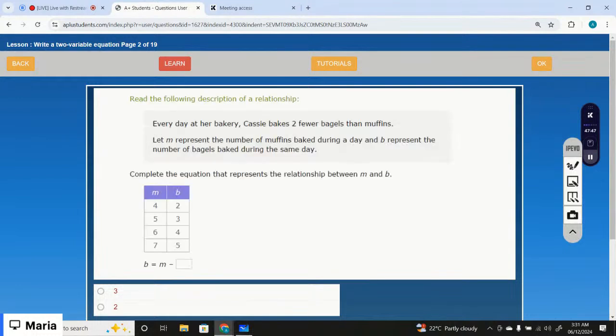Complete the equation that represents the relationship between M and B. So which is the correct option? 4 minus 2 is 2. 5 minus 2 is 3.